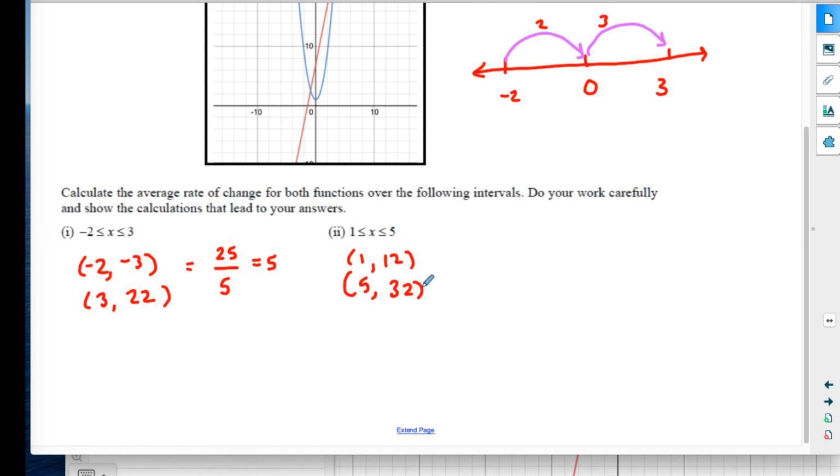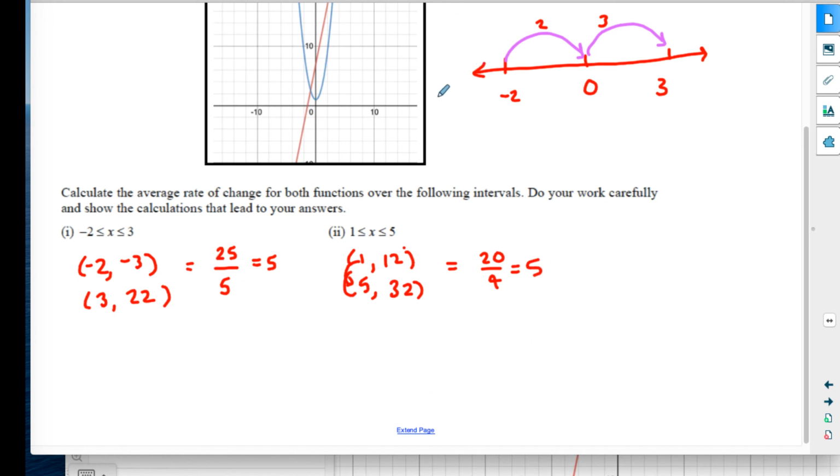It's a linear equation. My slope better be the same no matter what 2 points I check. So from positive 12 to 32 is 20. And from 1 to 5 is 4. So yeah, it is great. I get a consistent slope.